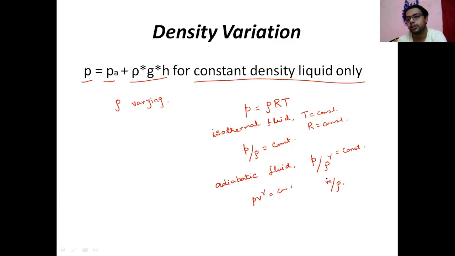M is of course a constant. Mass is always constant, conservation, constant mass approach. So in that case, we will see two considerations, isothermal fluid and adiabatic fluid. Those two considerations we'll see now.